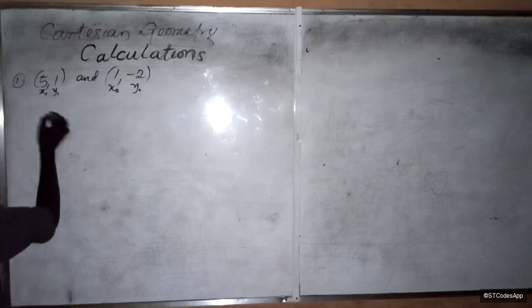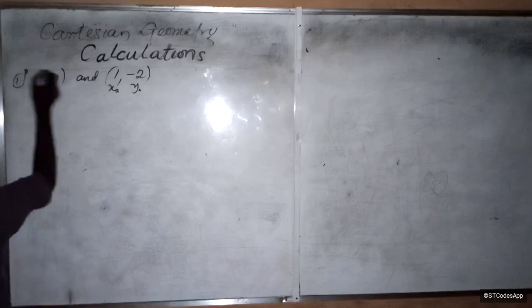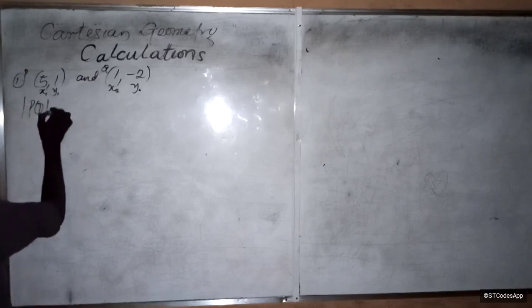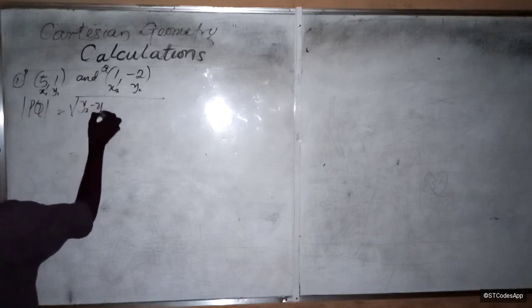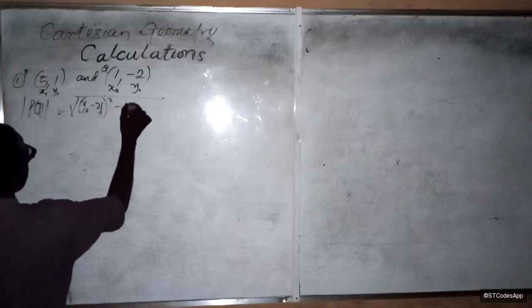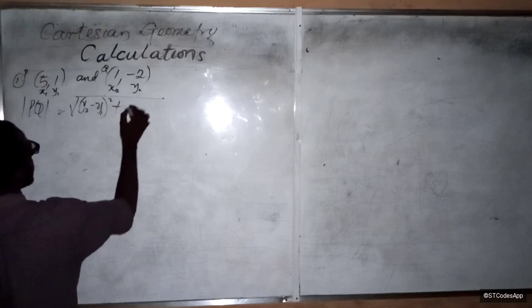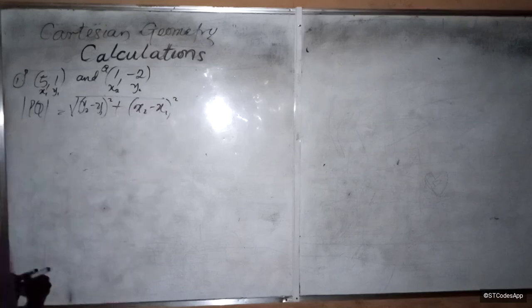And so the distance between our points, let's just call the points we're given PQ. So the distance PQ will be equal to the square root of y2 minus y1 all squared plus x2 minus x1 all squared.